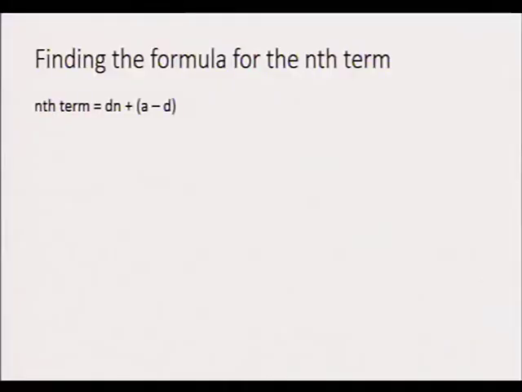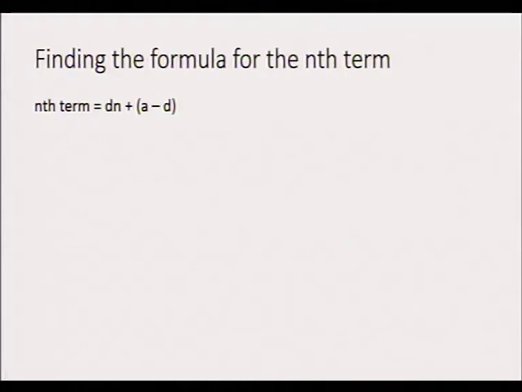Now let's look at finding the formula for the nth term. There is this formula that I want you to really keep in mind. When you know this formula, it becomes very, very easy for you to find the formula for an nth term.